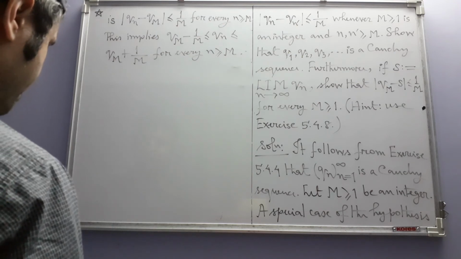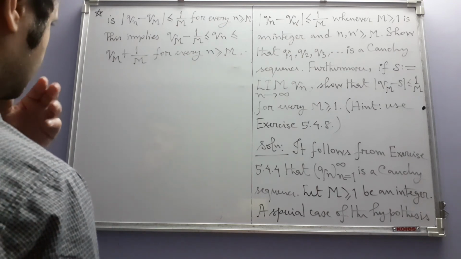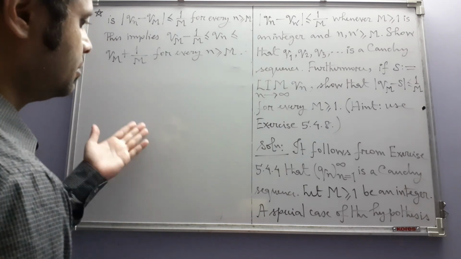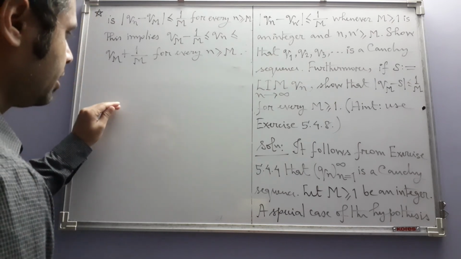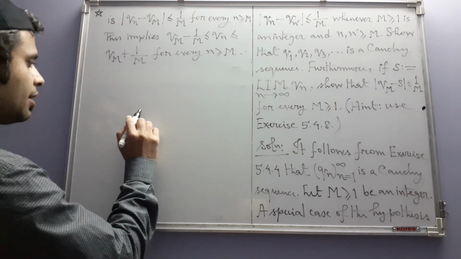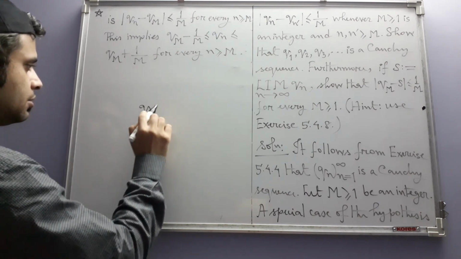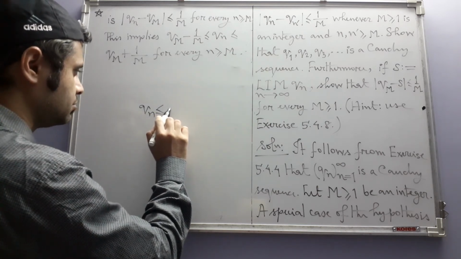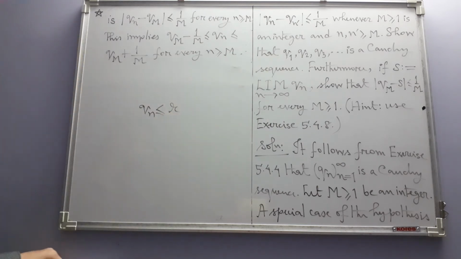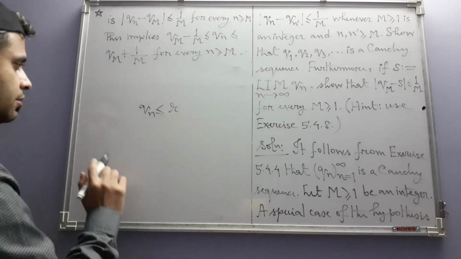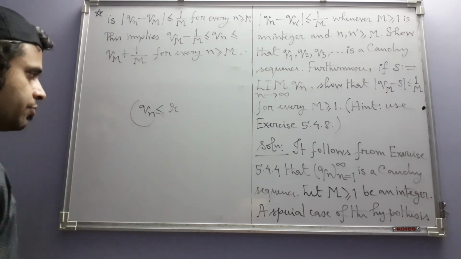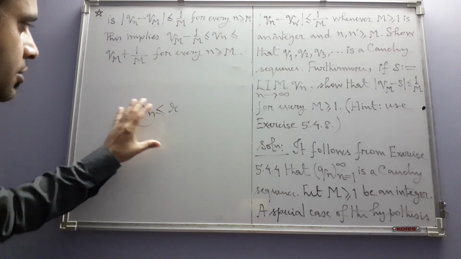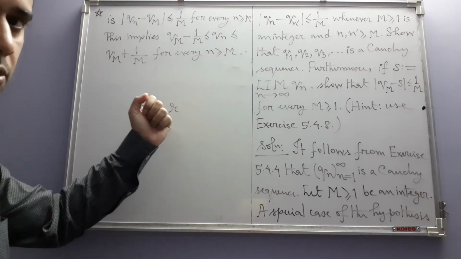So, if we now use the result of exercise 548, you will see that in that exercise we are given that if, say, you have a sequence Qn all of whose terms are less than or equal to some real number r, or some rational number, whatever it may be, then the formal limit of this sequence is also less than or equal to r, provided of course the given sequence is Cauchy. Here we are dealing with a Cauchy sequence.